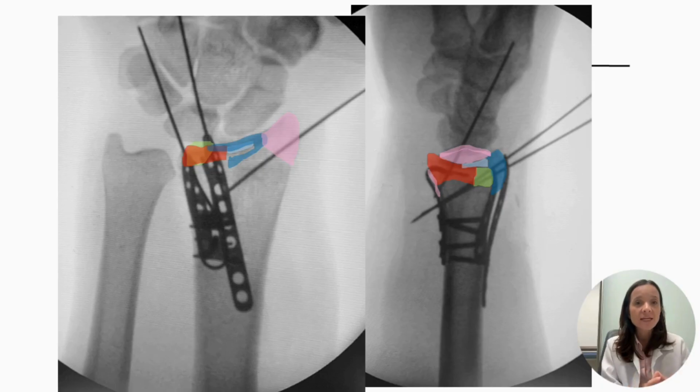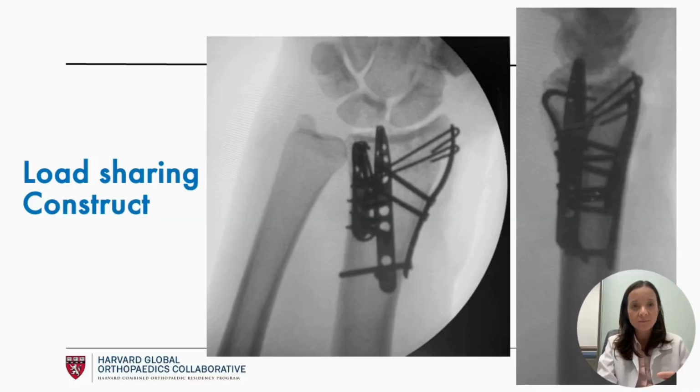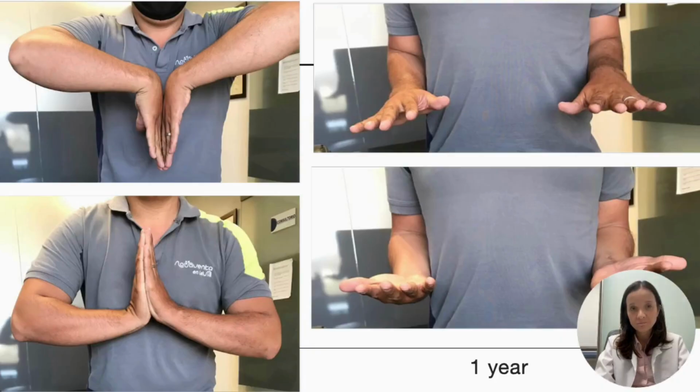Having a stable intermediate column allows us to reduce the radial styloid onto it, building a load-sharing construct. These are semi-elastic plates that avoid drilling and using screws, which could fracture the fragment even more, and they are low profile, which allows for more distal placement. Again, aiming for a secure and functional recovery.